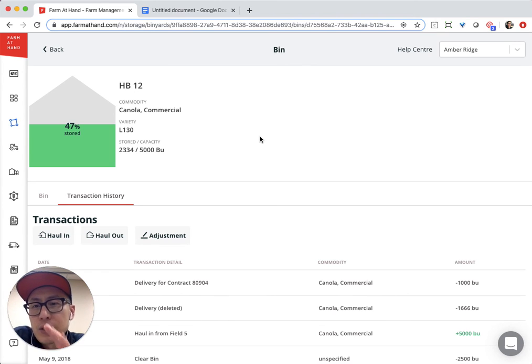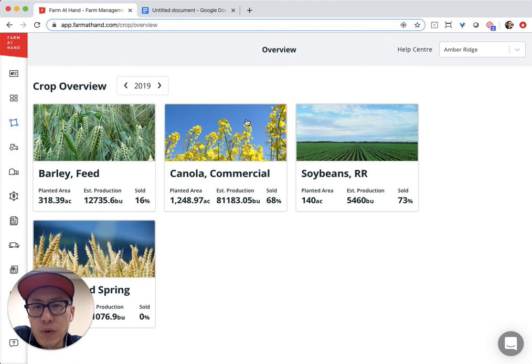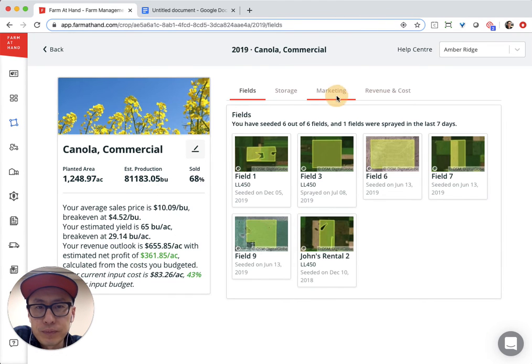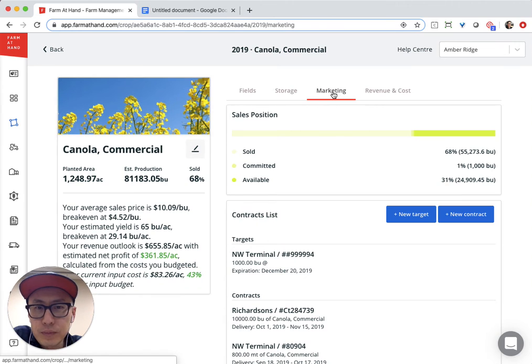But this does not speak to what I plan on producing for the year. What I'm planning on producing for the year is the estimated production, and then the contracts and the targets account for what's being sold.